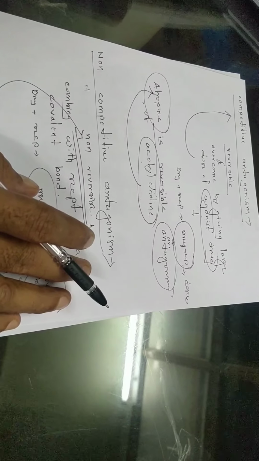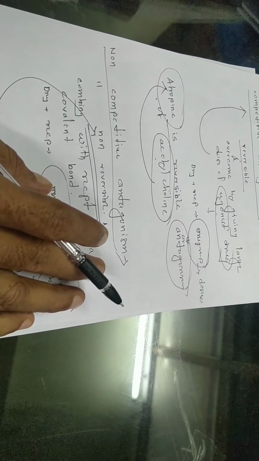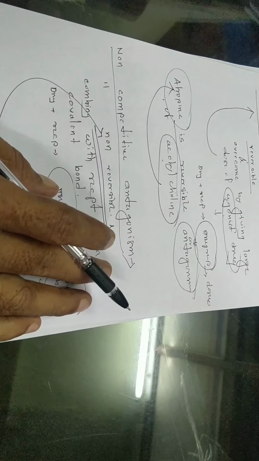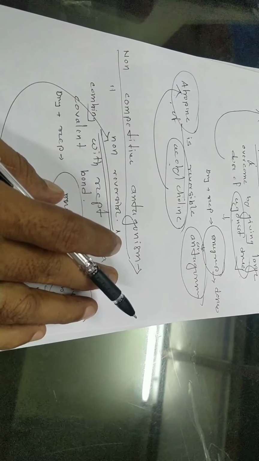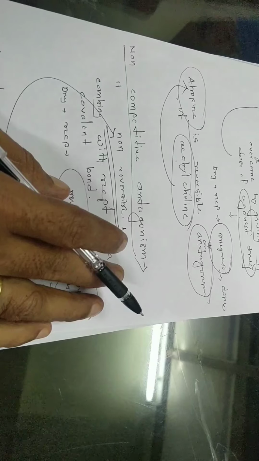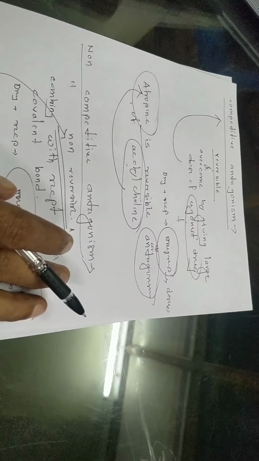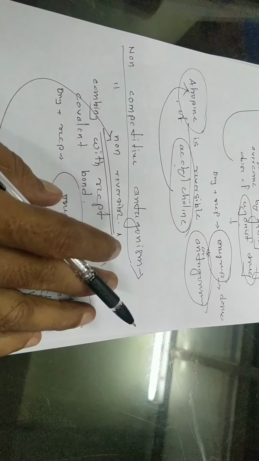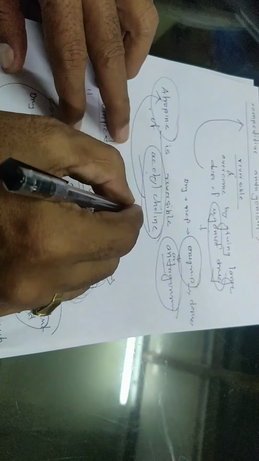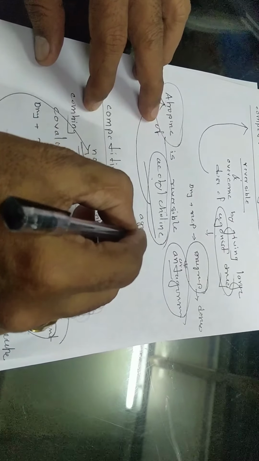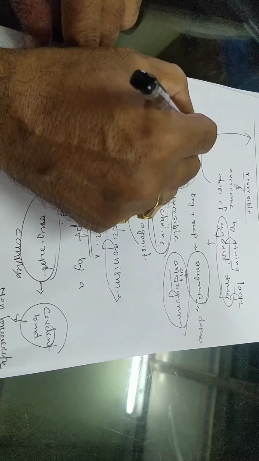It can be overcome by giving a large dose of the agonist drug. Then, because of the affinity, they form a complex and produce the desired effect. The example: atropine is a reversible antagonist of acetylcholine. Acetylcholine is the agonist and its antagonist is atropine.